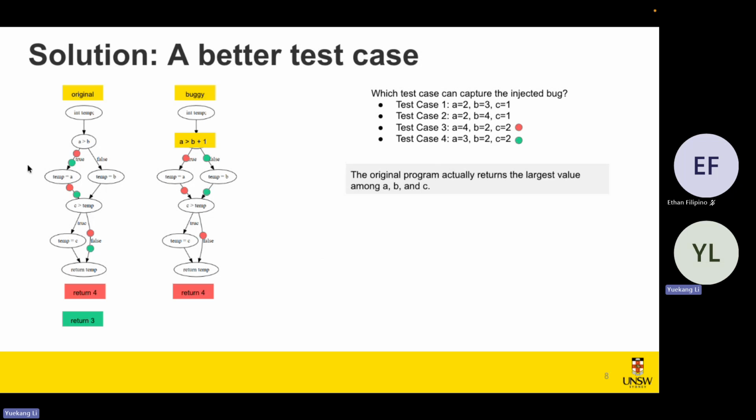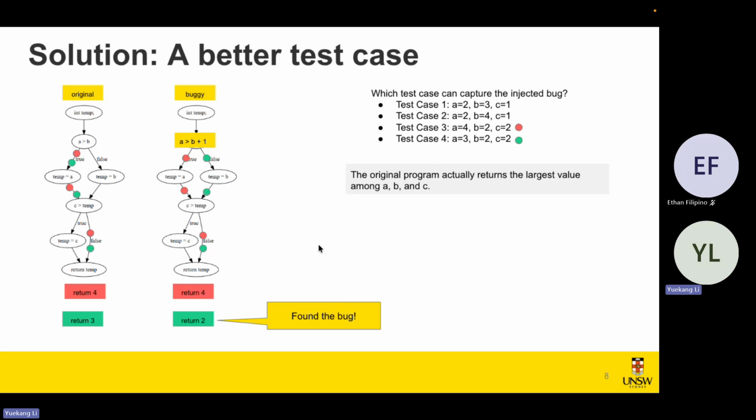And then you can see the difference between the execution traces here. C is not larger than temp, so it still takes the false branch, and it will return the value of 2. So you can see that the return values are different. So test case 4 can be used for finding the bug here. So that's why we can do this.